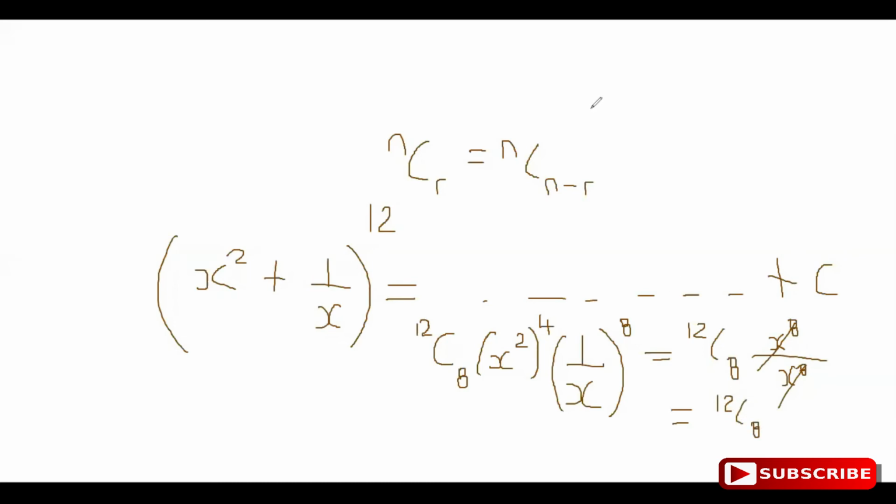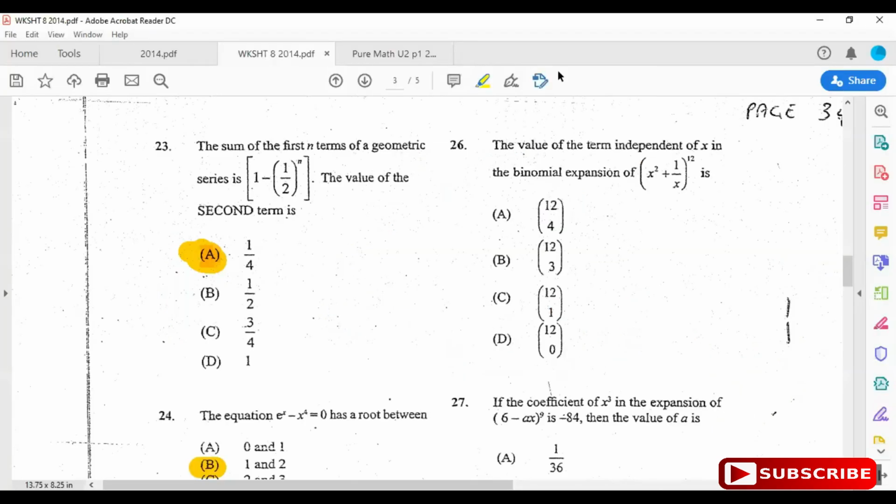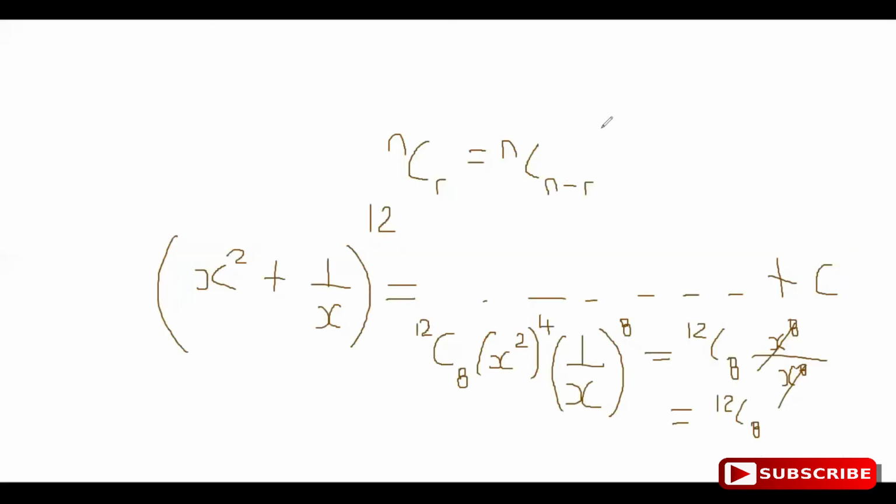But I guarantee that 12 choose 8 is not going to be there. Now from the question above, we just learned that n choose r is equal to n choose n minus r.